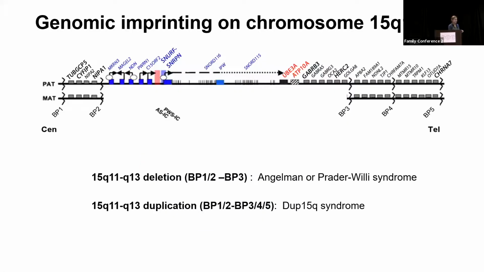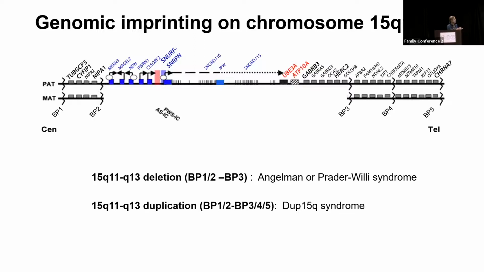Okay, so for Angelman syndrome, remember that I told you earlier that they're missing the maternal copy of UBE3A. Dad's copy of UBE3A is silenced. It's silenced by a long non-coding RNA, this thing called the antisense. That's what this dotted line means.